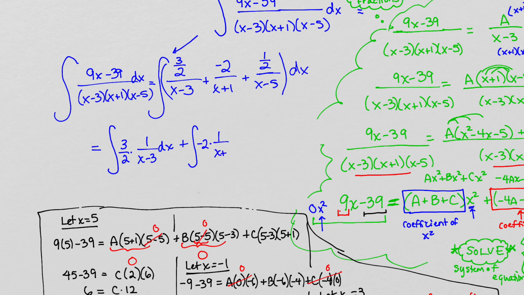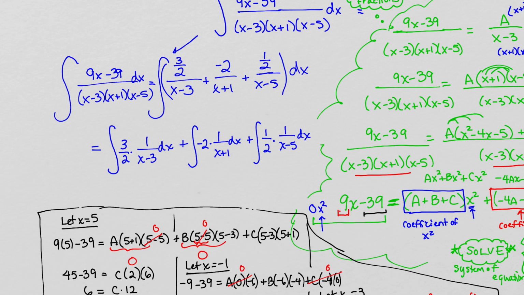That would allow you, if you so choose, to do the direct u substitution and write out all your steps. So I would have the integral of 3/2 times 1 over x minus 3, plus the integral of -2 times 1 over x plus 1, plus the integral of 1/2 times 1 over x minus 5.